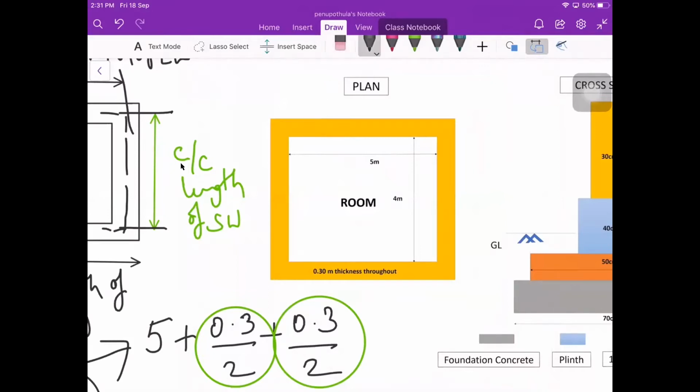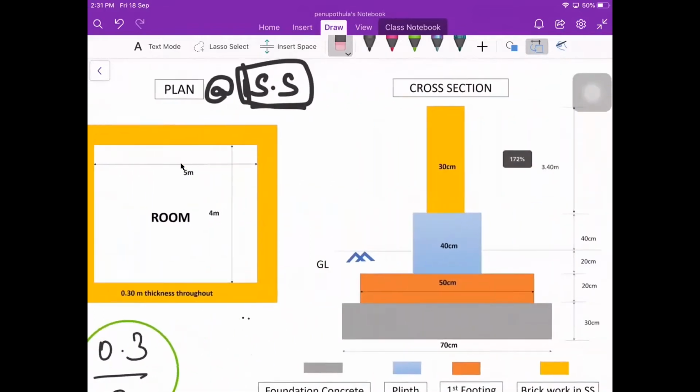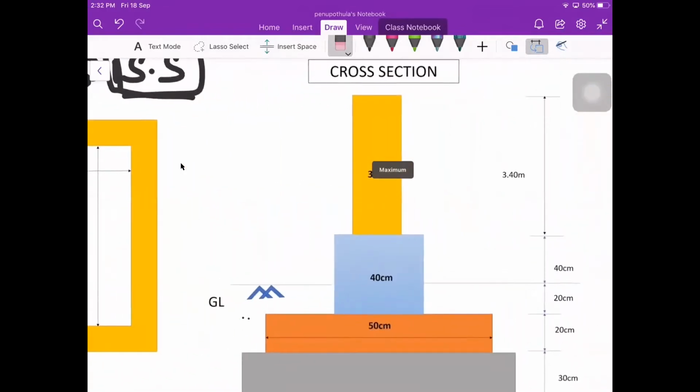Plan at superstructure level, SS. SS is superstructure. At superstructure level, what can we see here? So what is superstructure level here?